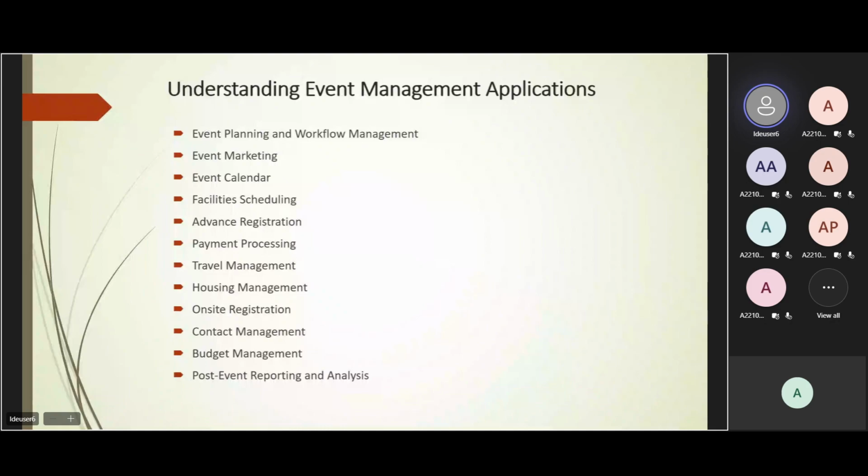So all the facilities we need to provide for the attendees: the registration process, payment processing, travel management, housing management, on-site registration, and contact management. Okay, so definitely we need a budget for conducting this event. The budget management has to be maintained, and after the event is successful we need to do a post-event report and analysis. Okay, so we are going to see all this one by one.